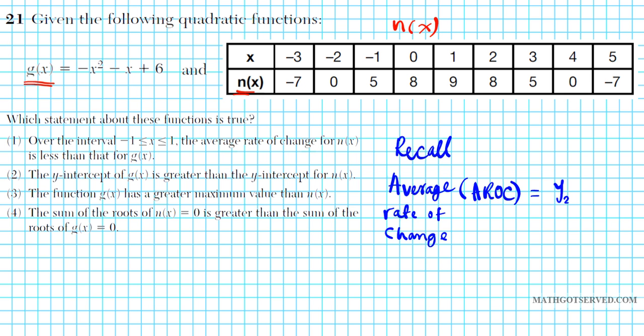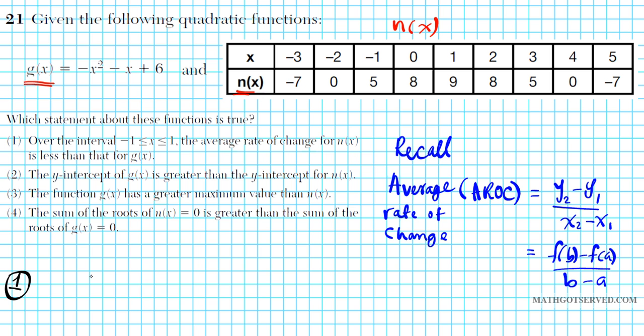So y2 minus y1, your rise over your run, x2 minus x1. Given in function notation, let's say you're going from a to b, it is f of b minus f of a divided by b minus a. Okay, so this is AROC from a to b. So let's use that for option 1 and see if option 1 is true or false.